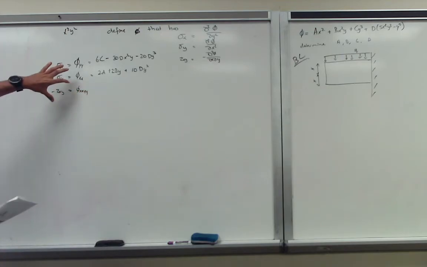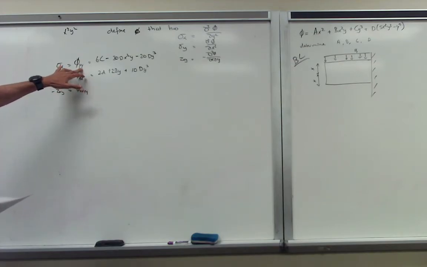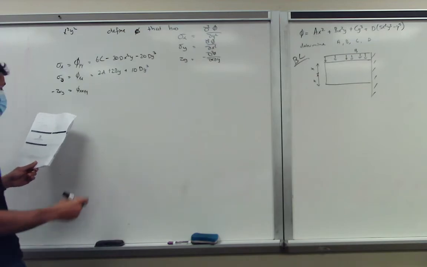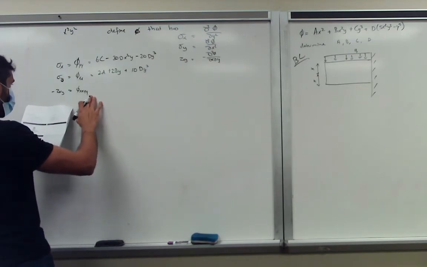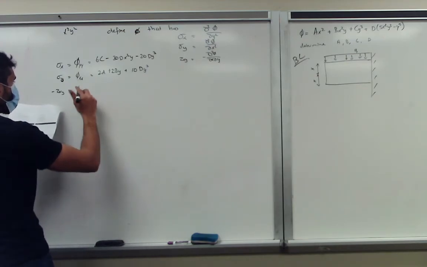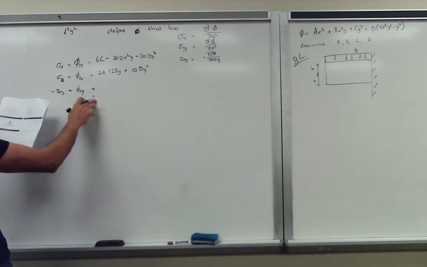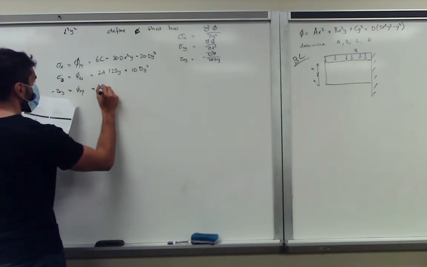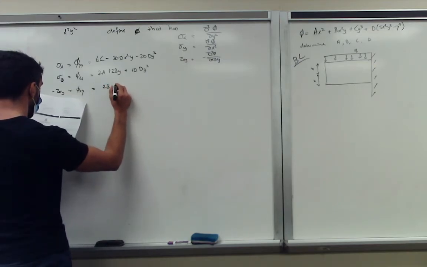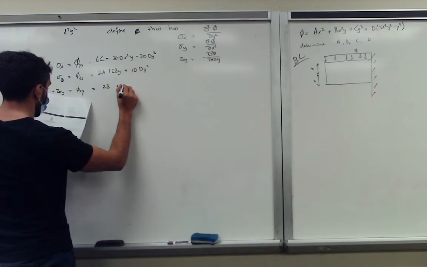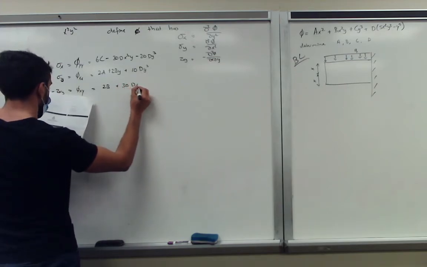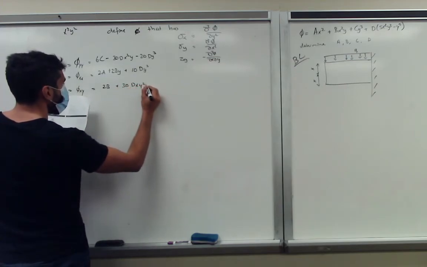Again, notation wise, the subscript means the derivative with respect to that variable, so the second order derivative. This should be tau xy, sorry, or phi xy. And that's 2b plus 30 d y squared.